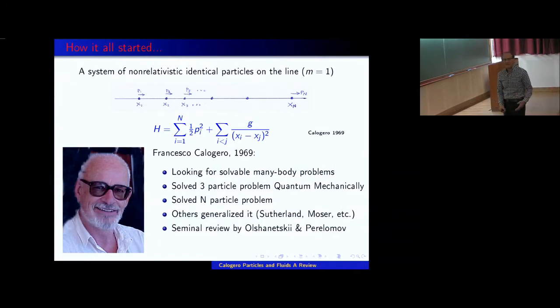He figured out that if you have 3 particles interacting with an inverse square potential, you can actually solve the system quantum mechanically. So he showed it to his colleagues there, and they told him, why are you interested in this thing? This is not very interesting. Nevertheless, he persisted, and pretty soon he realized that he can solve the n-body problem, quantum mechanically also. Which was even more interesting.